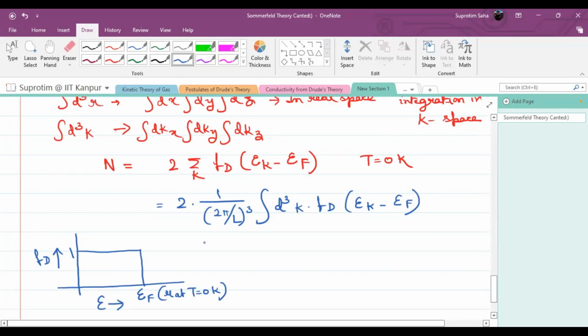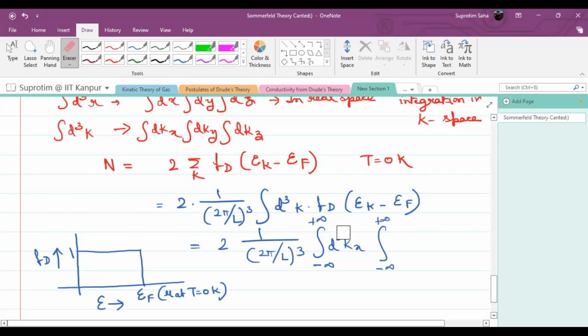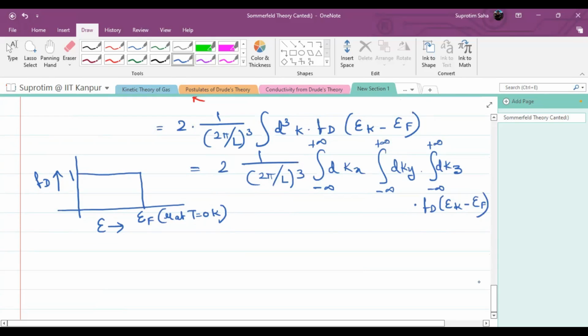And let me remind you that this integration is over dkx from minus infinity to plus infinity, times dky from minus infinity to plus infinity, times dkz from minus infinity to plus infinity, times your Fermi Dirac distribution. Sorry, I'm writing it wrong every time. So the momentum states, when you are doing the integration, are not discretized. It's from minus infinity to plus infinity.